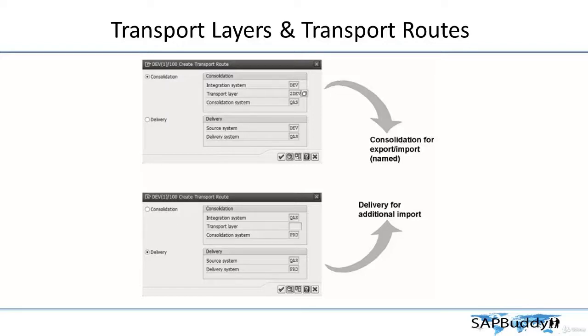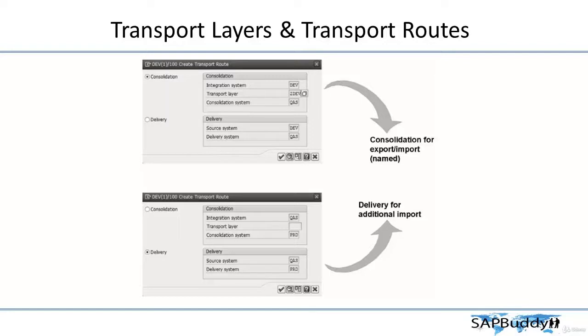These packages, or each package, are assigned to a transport layer, or let's say a consolidation route. So in general, all the workbench objects will have the package which is created, and that will have the transport layer defined.